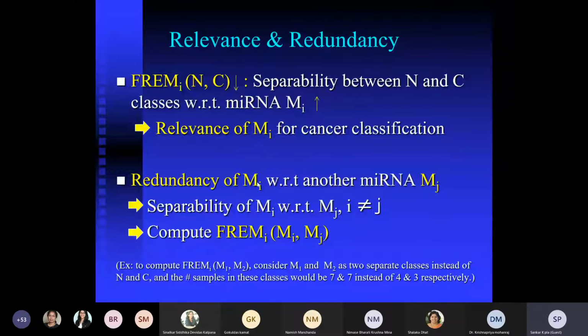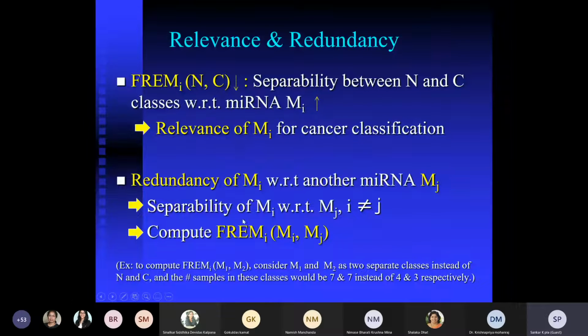So for redundancy, I can do the same with respect to another microRNA, Mj, where j is not equal to i. So I compute the same expression, the separability of Mj with respect to Mi, and I compute the fuzzy graph entropy. Here N and C are replaced by Mi and Mj.